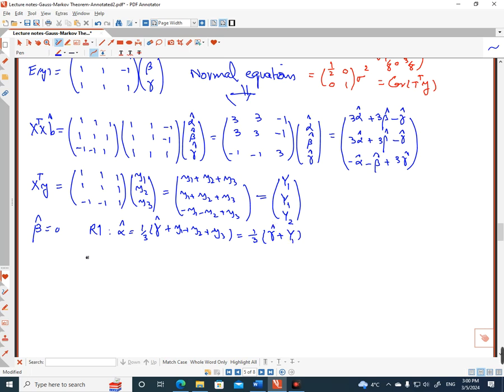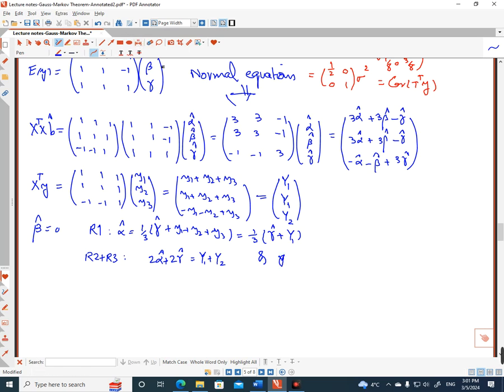In a similar fashion, I don't want to go through details in order to compute. We can conclude that 2 alpha hat plus 2 gamma hat is equal to capital Y1 plus capital Y2, and also for gamma hat.